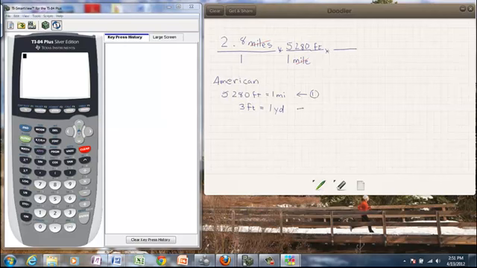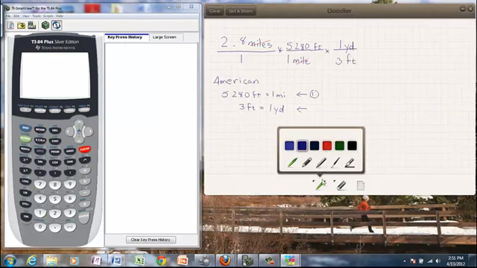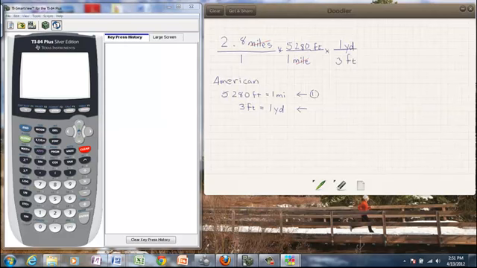Now I'm going to use this one. And I want the feet to cancel, so the feet will be down here. And there's 3 feet in 1 yard. So the feet cancel, and the only unit left is yards, which is my goal.